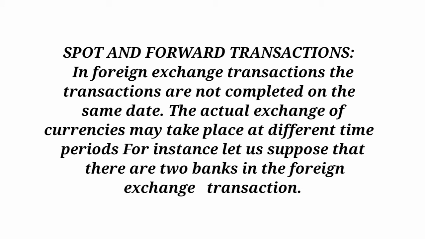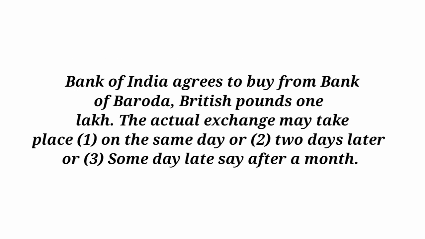Spot and forward transactions. In foreign exchange transactions, the transactions are not completed on the same date. The actual exchange of currency may take place at different time periods. For instance, let us suppose that there are two banks in a foreign exchange transaction. Bank of India agrees to buy from Bank of Baroda British pounds 1 lakh.